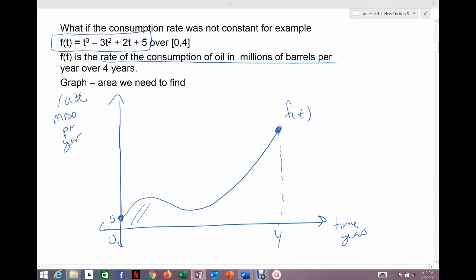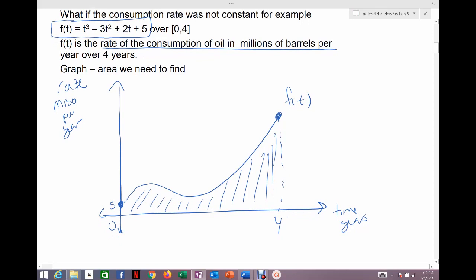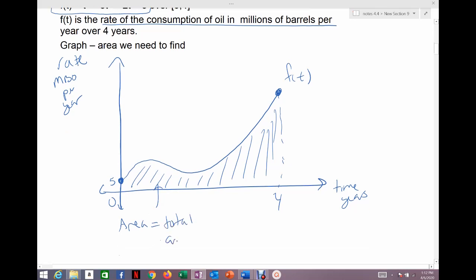And what we have to find, well, this area still represents the total amount of oil that was consumed over the 4 years.